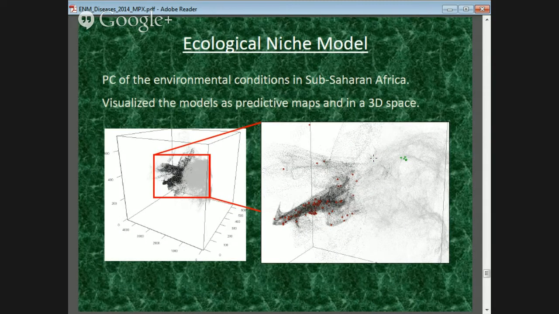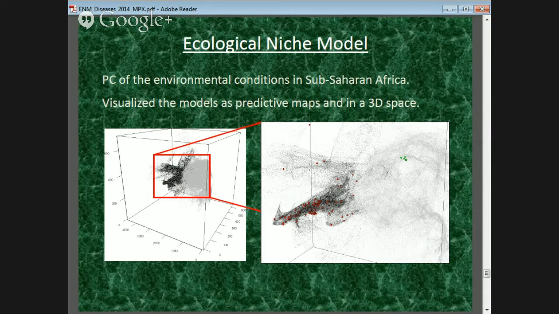So we looked into our environmental space to see if, although the place is very far from where we see monkeypox, maybe the environmental conditions are not that different. So we plotted the main three principal components here, based on environmental variables.